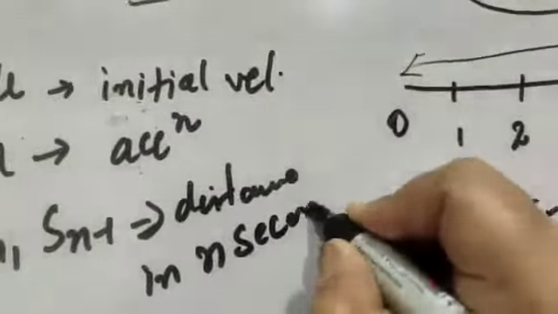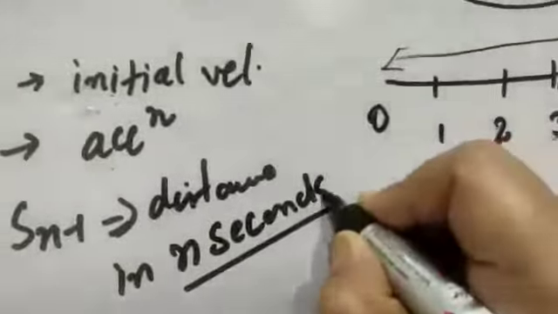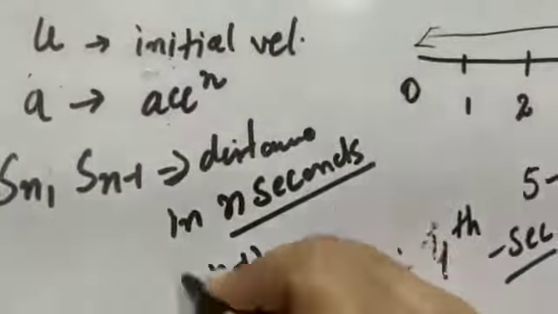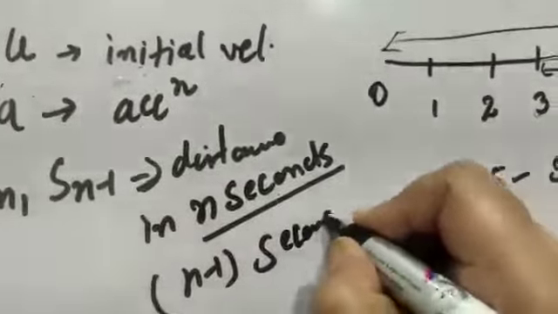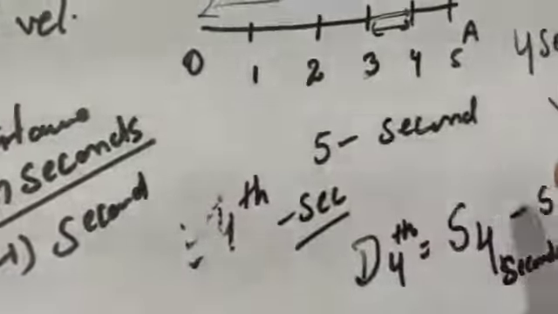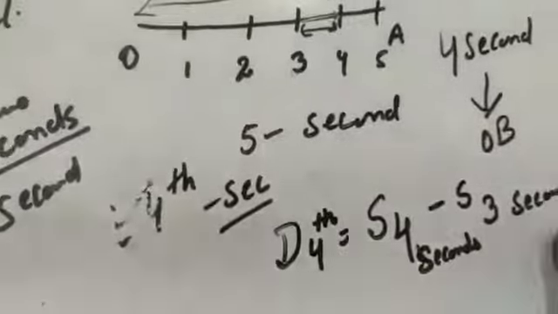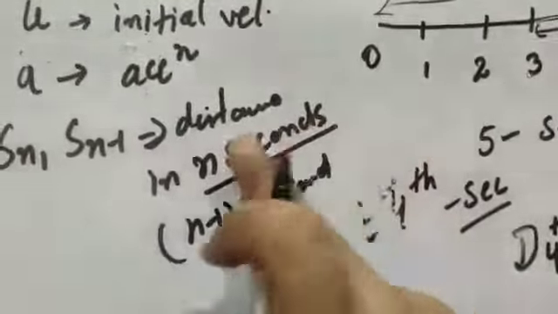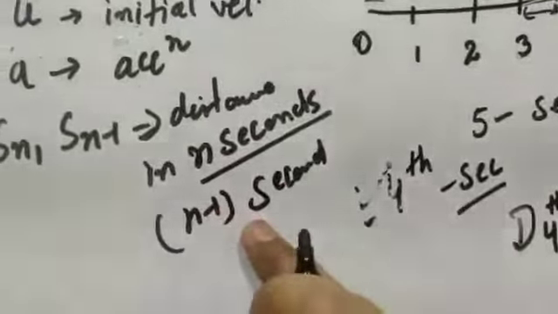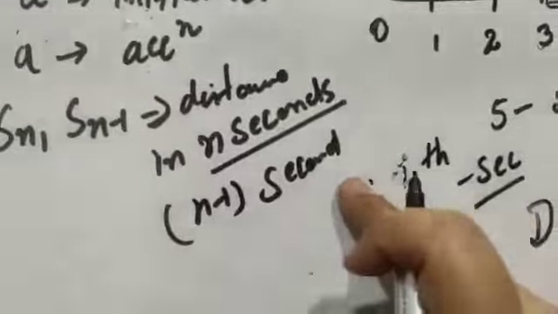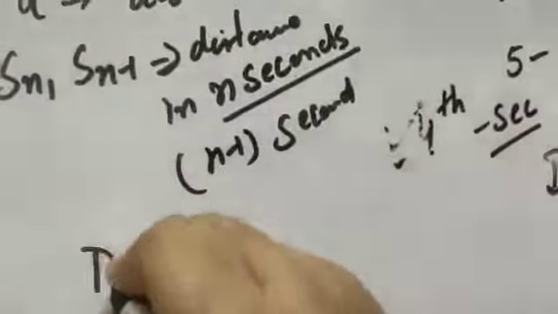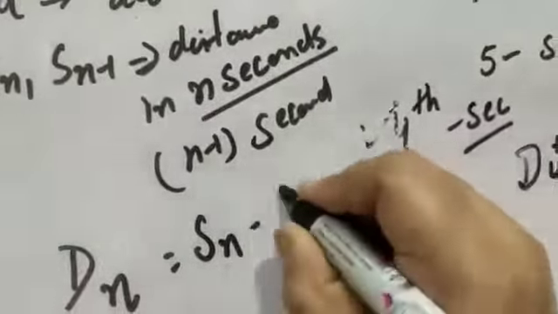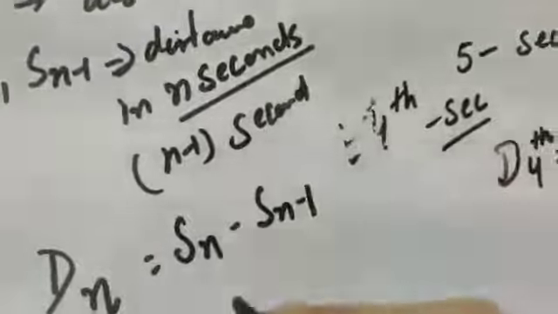Keep in mind here we are talking about n seconds, not the nth second, and n minus 1 seconds, right? Comparing this, n seconds means 4 seconds and n minus 1 means 3 seconds. So Sn is the distance traveled in n seconds, Sn minus 1 is the distance traveled in n minus 1 seconds. So now if we want to find out dn, it will be Sn minus Sn minus 1, as I explained earlier.